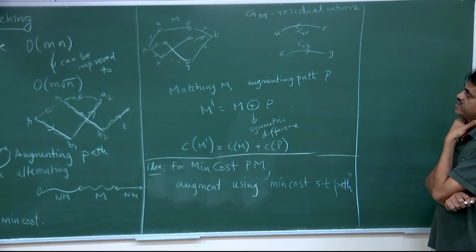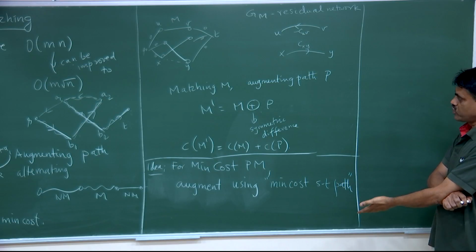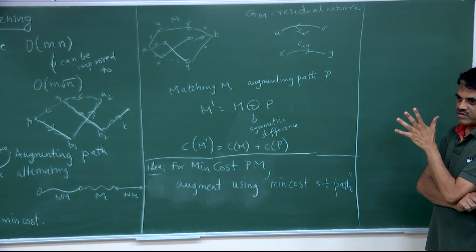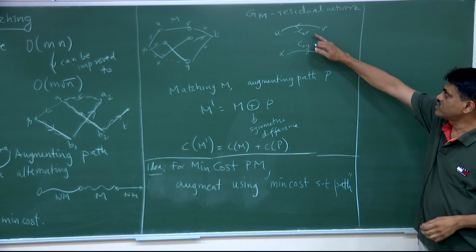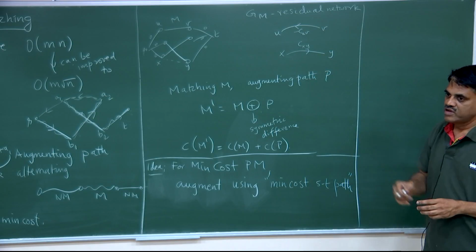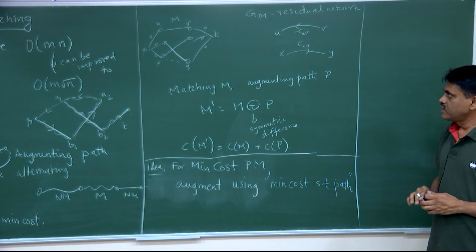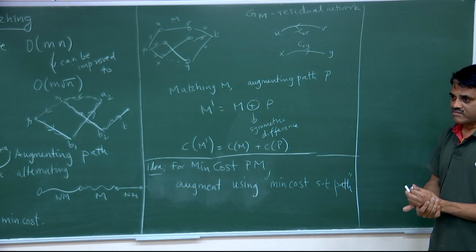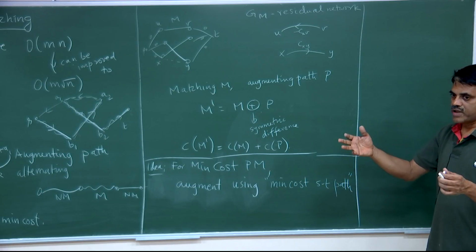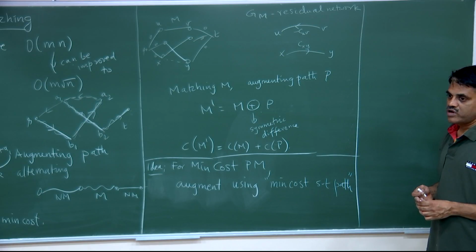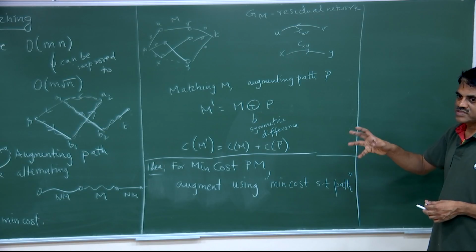One problem we have to deal with when we want to find shortest ST path in the residual graph is that now edge weights are negative, okay, because these costs are all negative. So I can't first of all apply something like Dijkstra's. That's okay, we can deal with negative cost weights, like you can apply Bellman-Ford. But another big problem is what if you have a negative weight cycle?